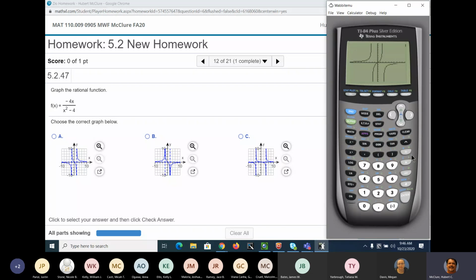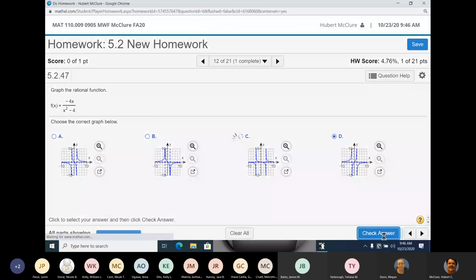And there is the general outline of it, looks like a delta. And we are waiting. And we are waiting. Okay, well, that's the answer.